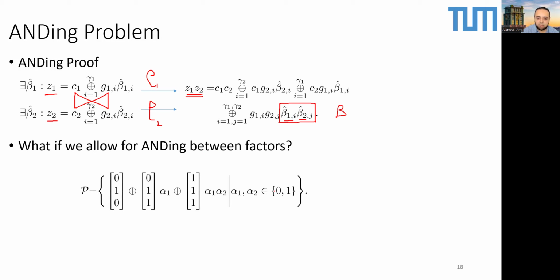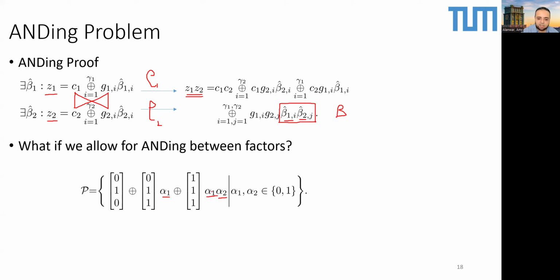For example, you must allow for a set, we call it alpha instead of beta, that allows ANDing between the factors. So you can have alpha 1 ANDed with alpha 2, which is similar to beta 1 ANDed with beta 2. And this must be allowed inside the set representation.